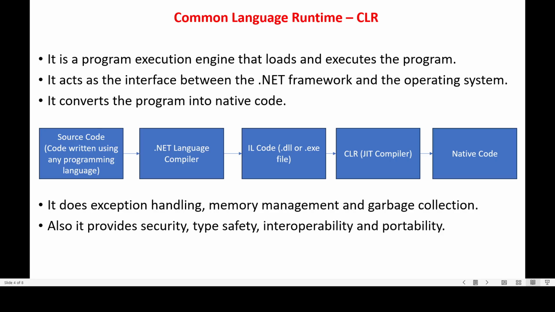At that time, the garbage collector will delete that unused object and free up the memory space. This is done automatically by the garbage collector, and this is also called automatic memory management. When the object is no longer in use, the garbage collector will delete that object and reclaim the memory. And the garbage collector is also provided by the CLR.